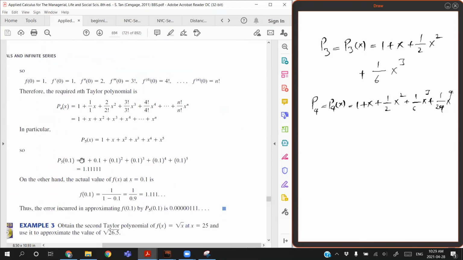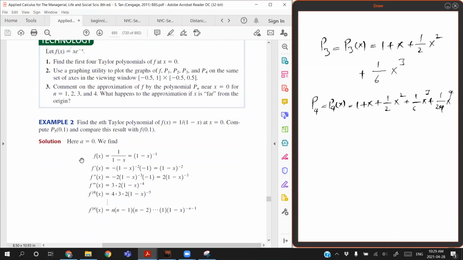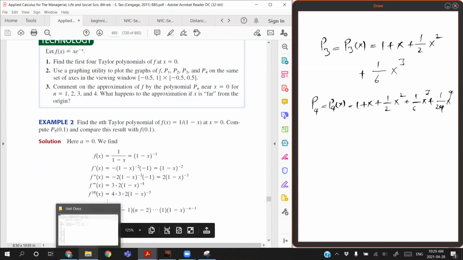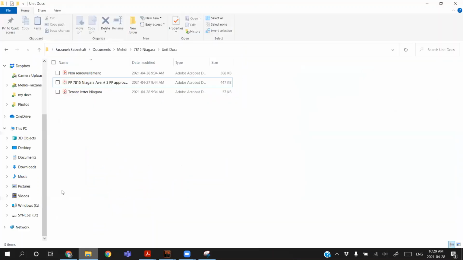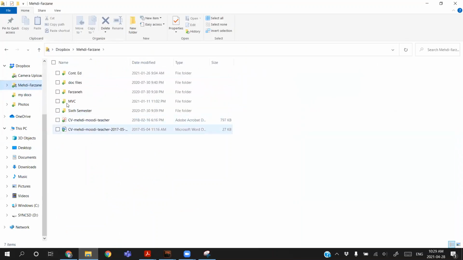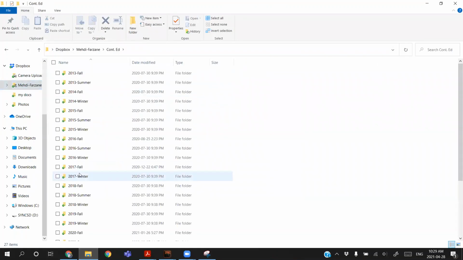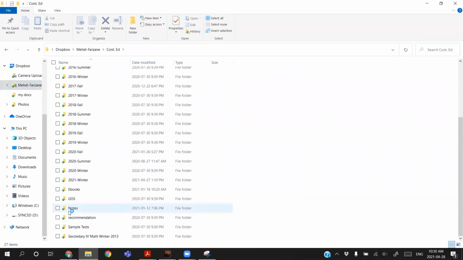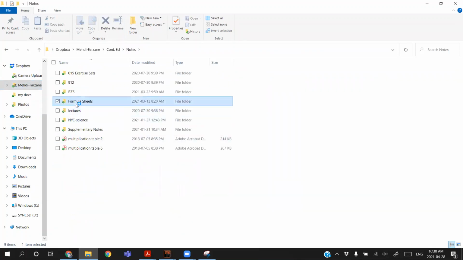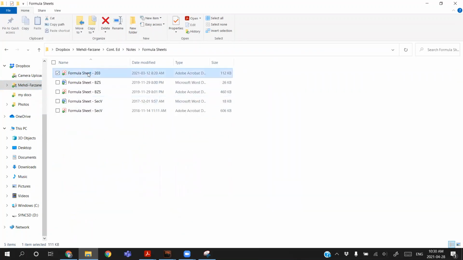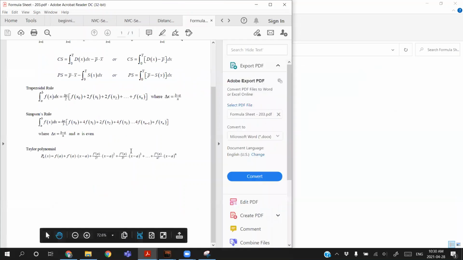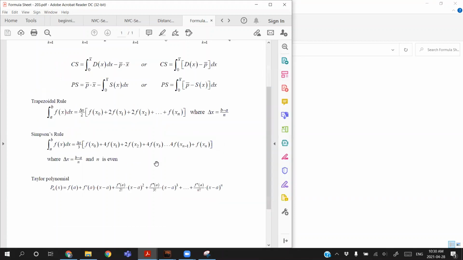Okay, so I don't remember whether the formula is given in the formula sheet for the Taylor polynomial. So we can check that out. Yeah, it's here. So the Taylor polynomial formula is also given here. So you don't need to memorize the formula.